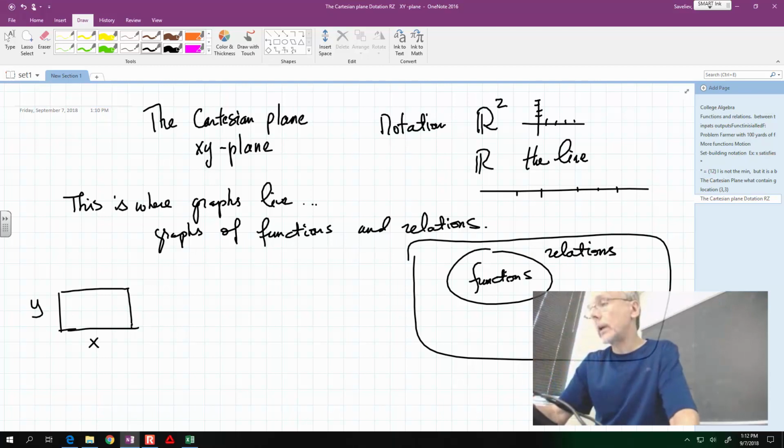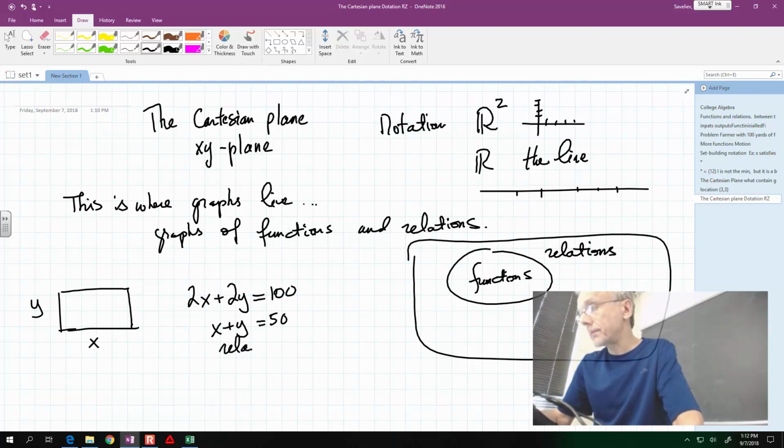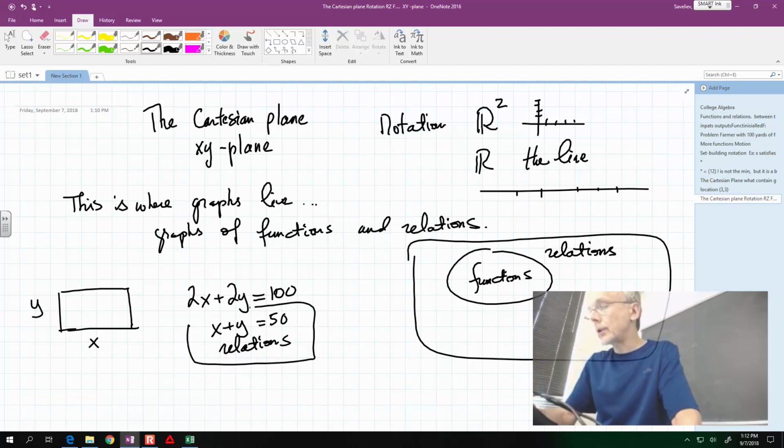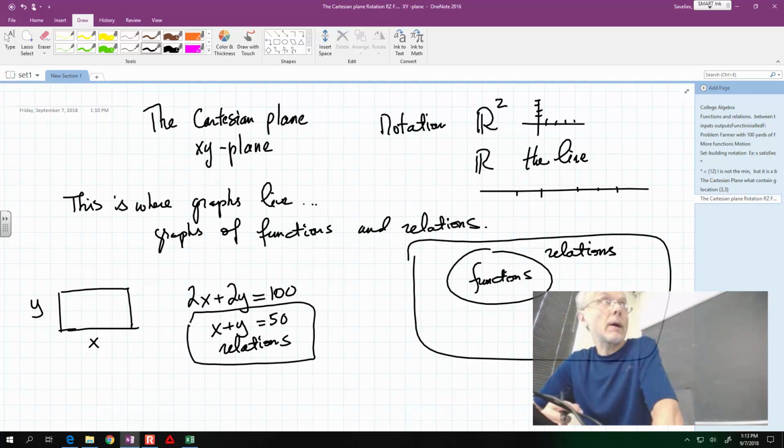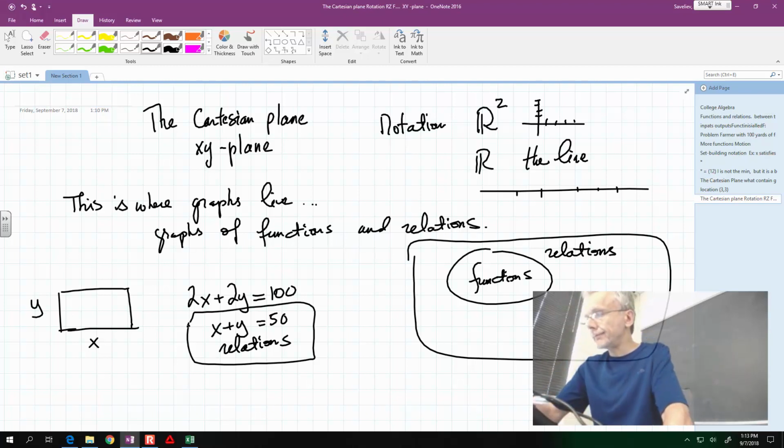So we concluded, remember, 2x plus 2y is equal to 100, or x plus y is equal to 50, was our relation. We then proceeded to turn it into a function, but for the time being, we'll suppose that we do not do that. So there's just a single relation.